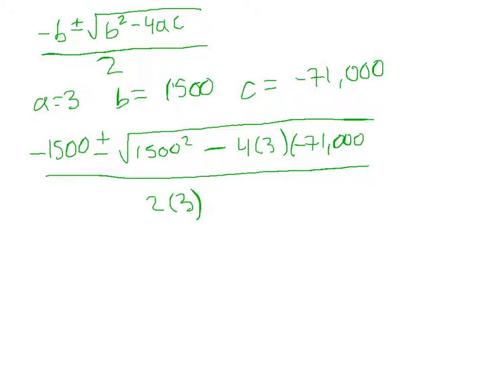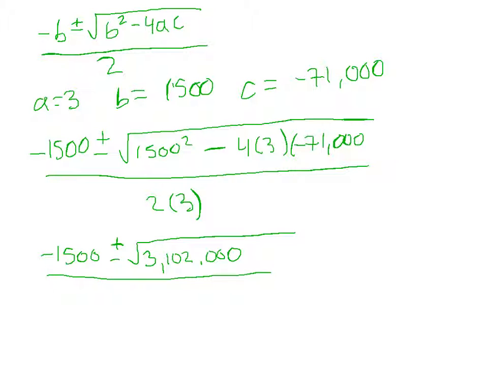If I simplify this a little bit, I get negative 1,500 plus or minus the square root of 3,102,000, all over 6.